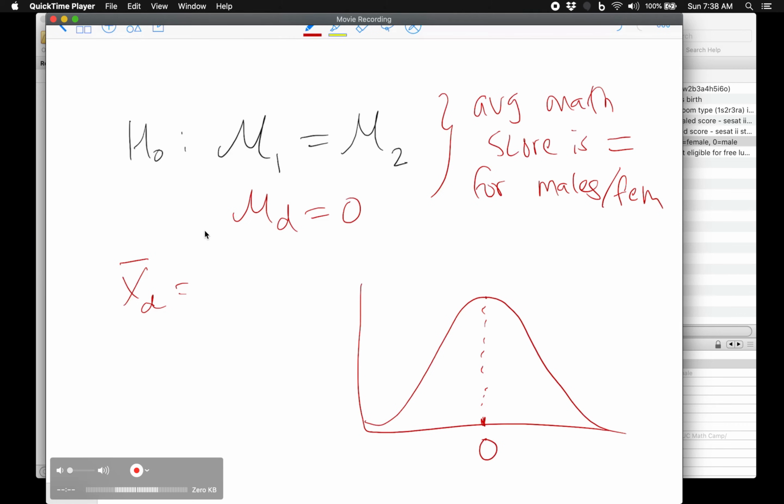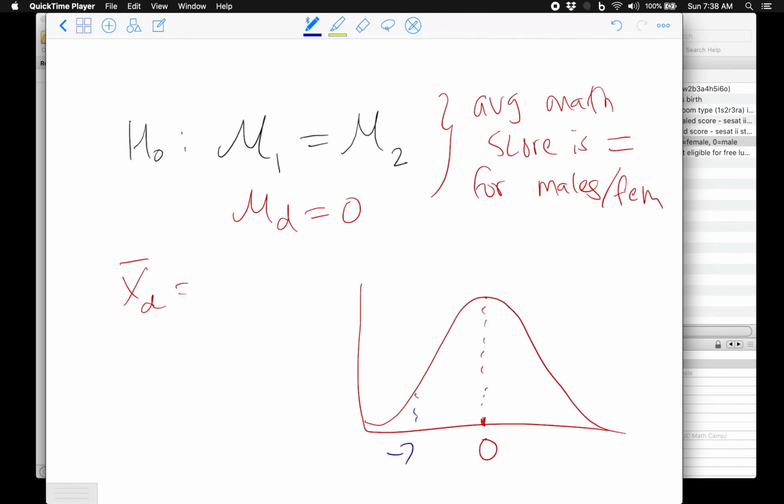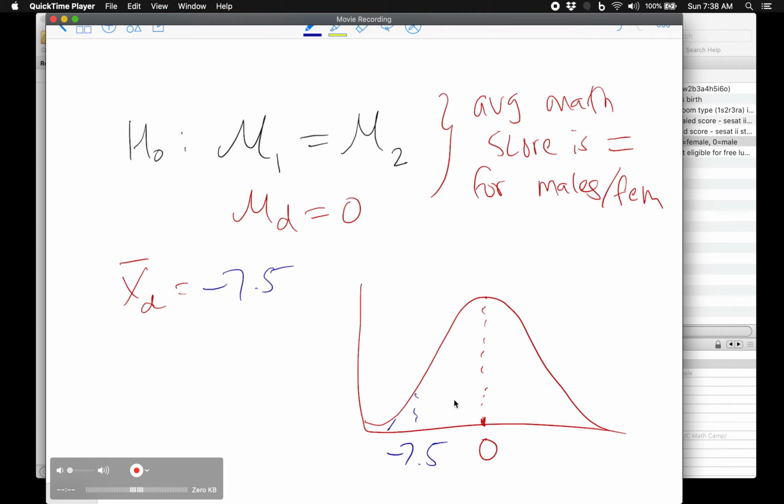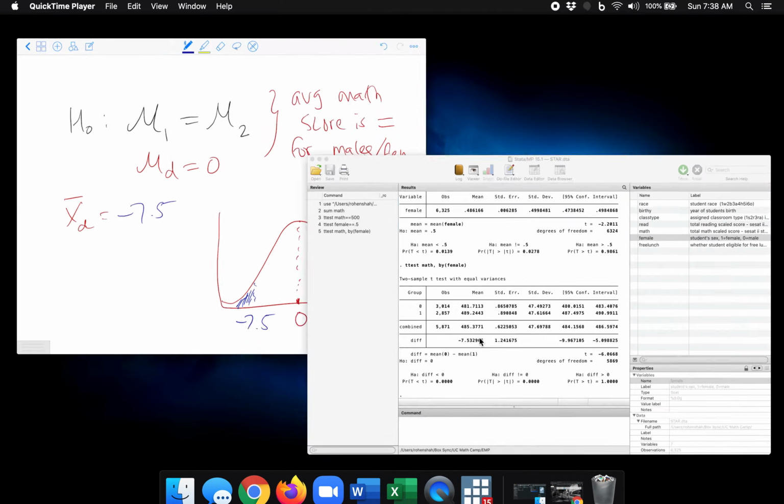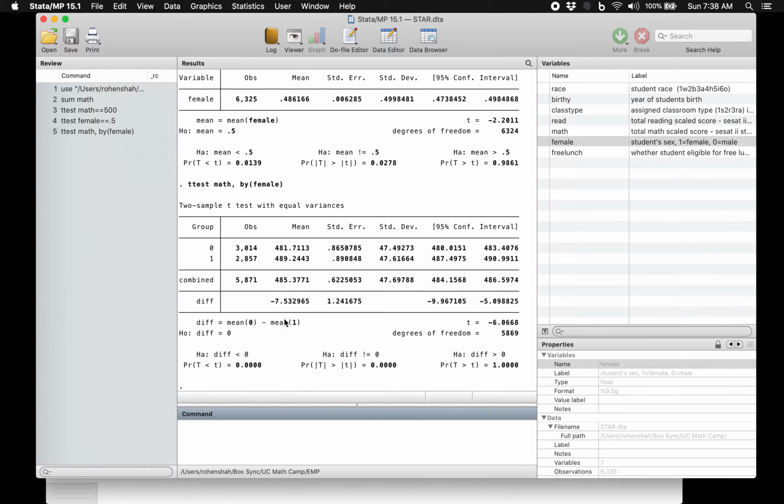And so that, you might guess, is a fairly big difference. So -7 is the difference in our sample, -7.5 or whatever. And so the question then is, the p-value is just this area, and again, to both sides if you're doing that. But notice that the t-value, the t is -6, which again means 6 standard deviations below the mean.